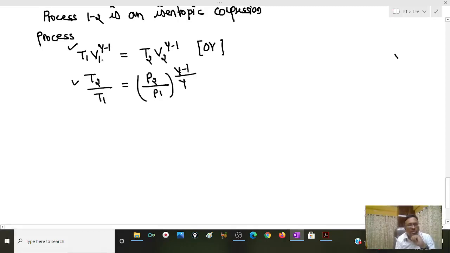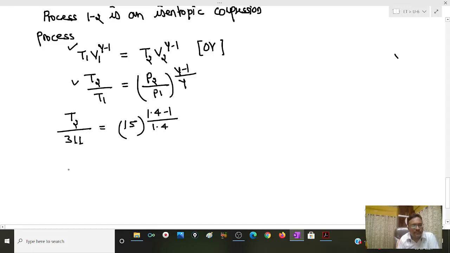Please remember, I could have used either expression, because we know the value of the ratio V1 by V2, we know the value of T1, and similarly we know the pressure ratio P2 by P1. So either of these relations between temperature and volume, or temperature and pressure, I can use. Let us say I am using the second expression. T2 by T1, where T1 is 311 Kelvin and P2 by P1 is 15 as given in the problem, to the power of gamma minus 1 over gamma, with gamma 1.4.